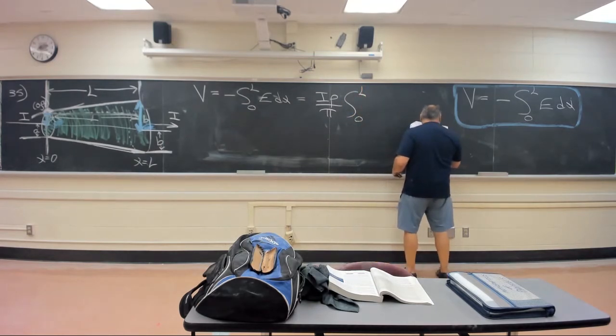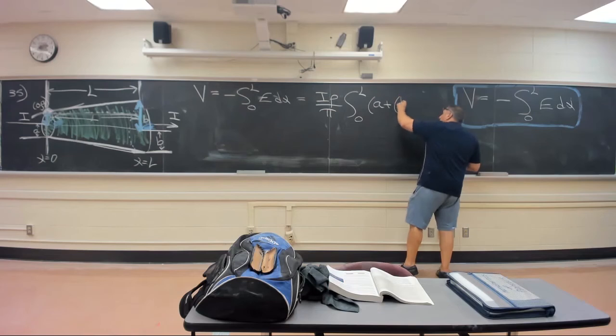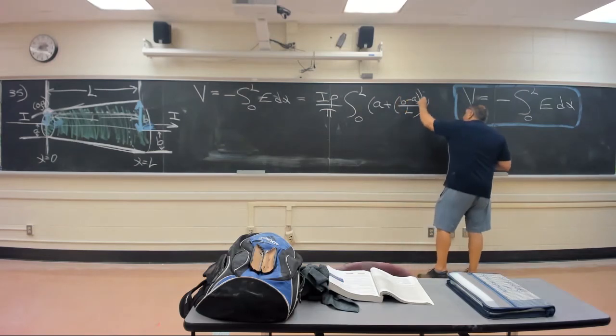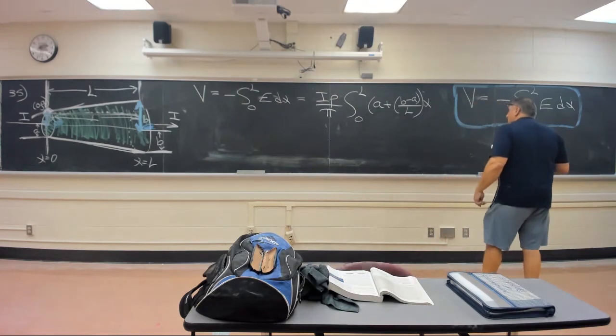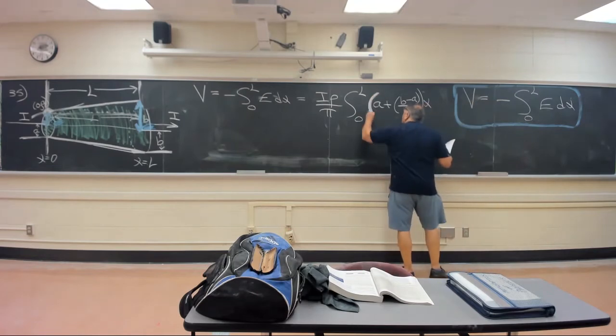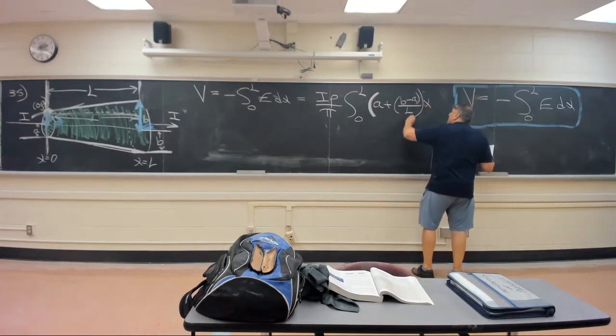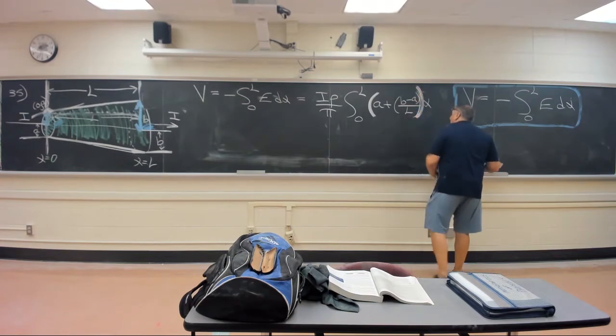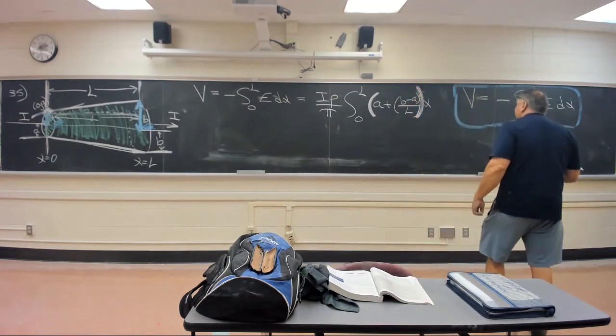And you've got a plus (b minus a) over L times x. Okay, I wrote that slightly differently, but that's not a big deal. We know what I'm talking about. I probably wrote more parentheses than necessary, guys, but I think you can kind of see where I'm at.